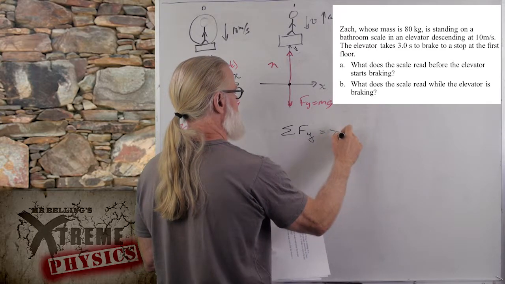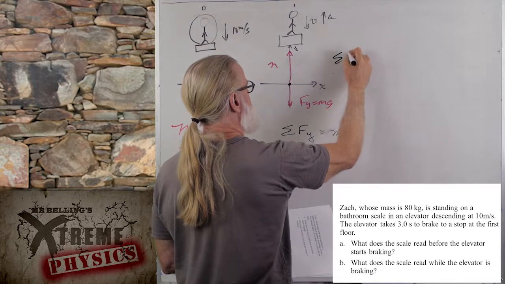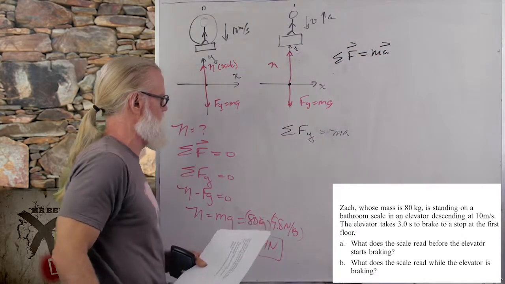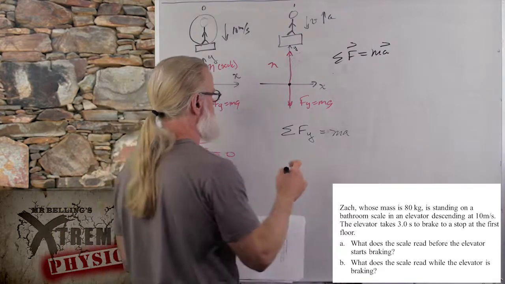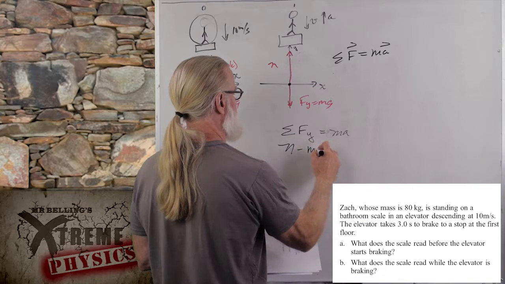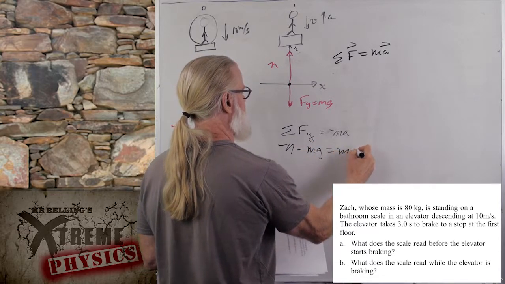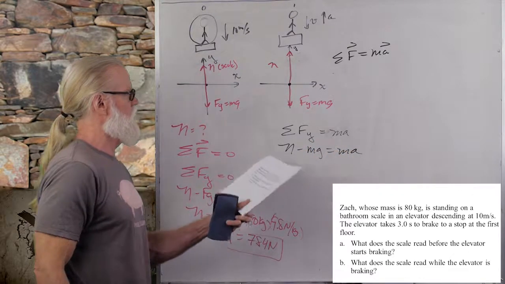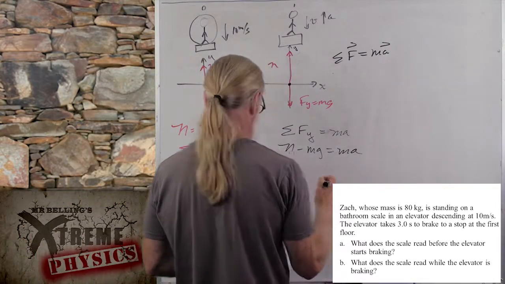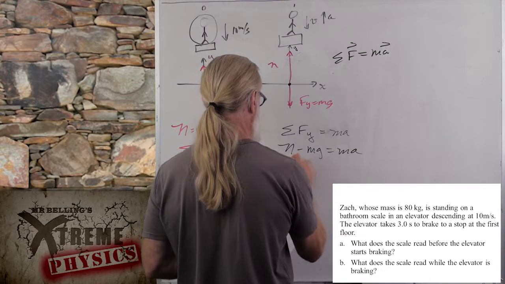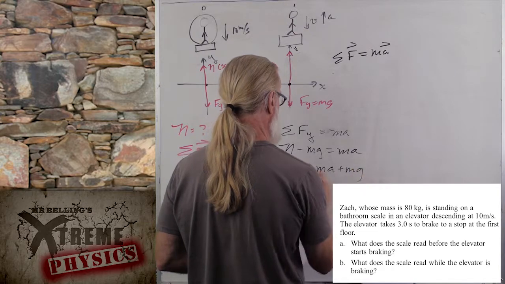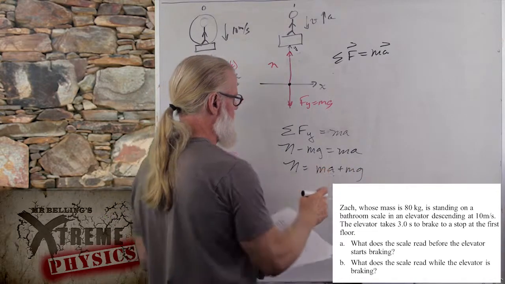Sum of the forces equals mass times acceleration. What do we have? We have the normal force up minus mg down equals ma, right? Normal force up, the weight down. So the scale, which is the normal force, equals ma plus mg.